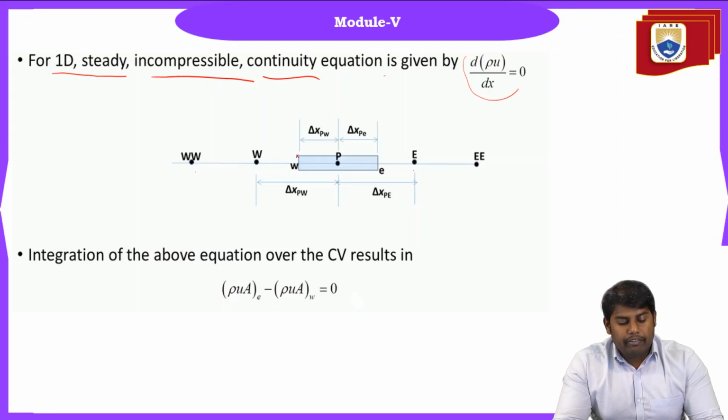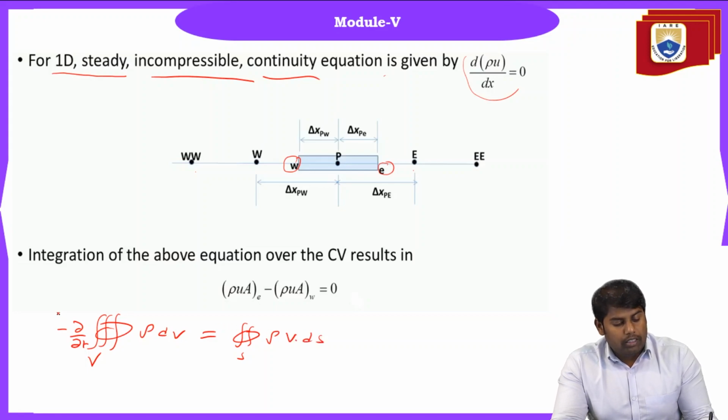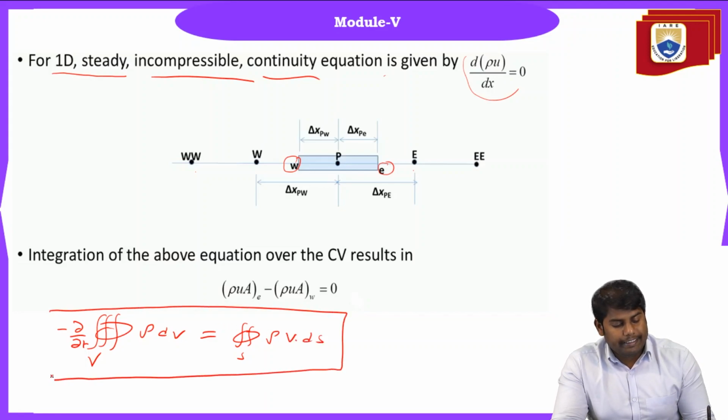When you integrate the surfaces between W and E, the integral form of the equation is: the rate of change of flow inside the control volume, rho dV, will be equal to the surface integral rho v dot dS. So this is the basic continuity equation.